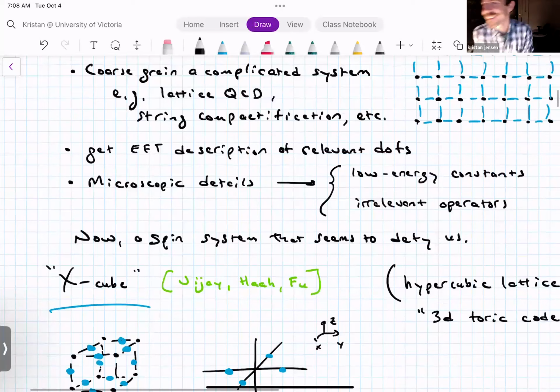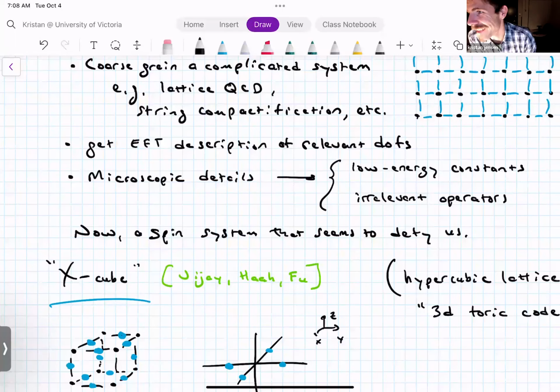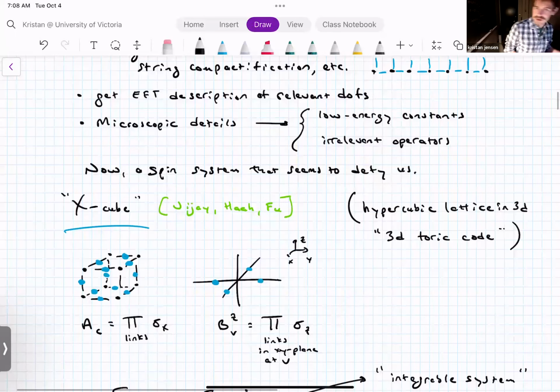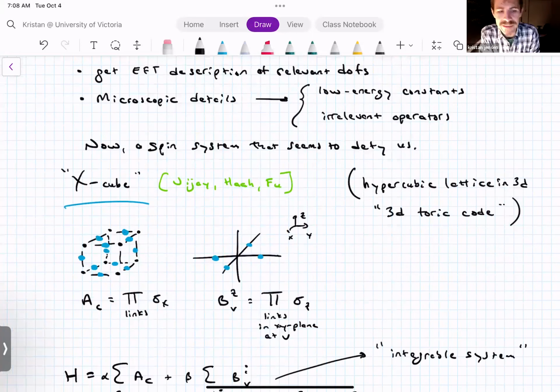Here is a system that has fractons that seems to defy this entire paradigm. It's called X cube. It's sort of a 3D version of toric code, if you know what toric code is. If you don't, worry not. I'm going to say what the model is now.